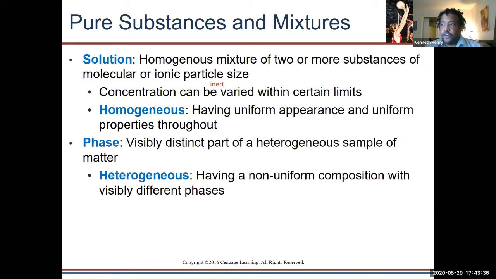Heterogeneous mixtures are considered to have phase differences associated with them. So for instance, if I have a whole bunch of salt and water that isn't dissolved, the salt molecules at the bottom, that's two different phases. We have one in the solid and we have some that's going to be in a liquid. Or sand and water. That's probably a better example, okay?